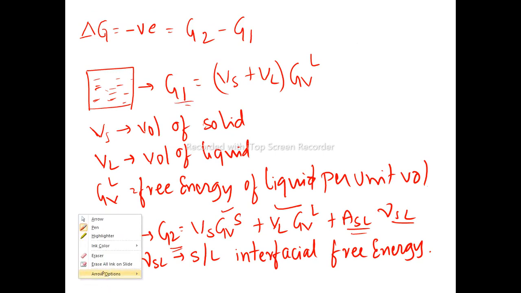So I'll write it, and we will get delta G as Vs into delta GV plus ASL into gamma SL.